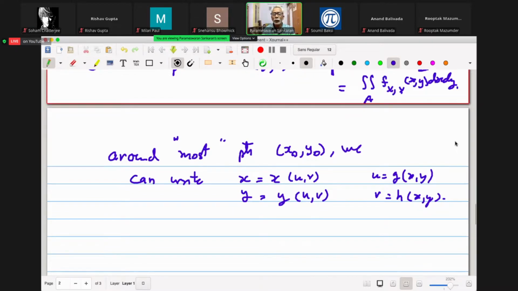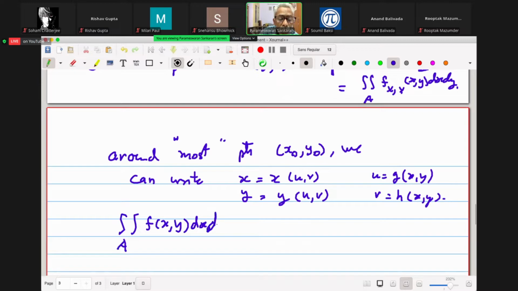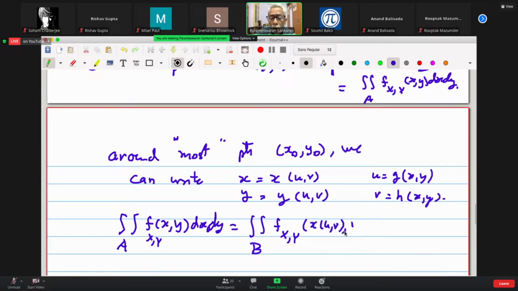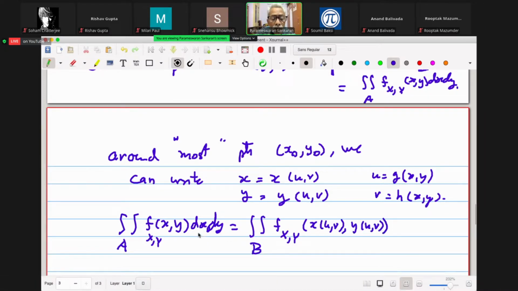And when you want to write everything in terms of u and v, this is the same thing as the double integral over B of f_{XY} of x as a function of u and v, y as a function of u and v, and then this will become the modulus of the Jacobian J, I will tell you what that is, du dv.